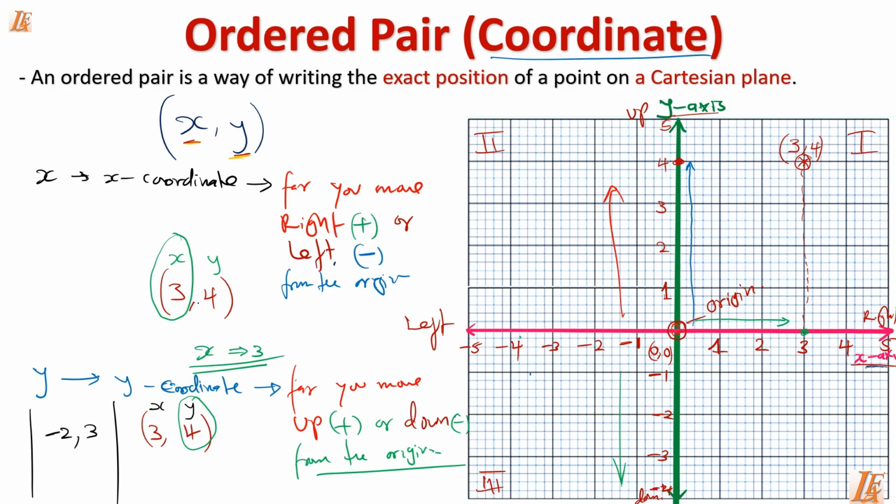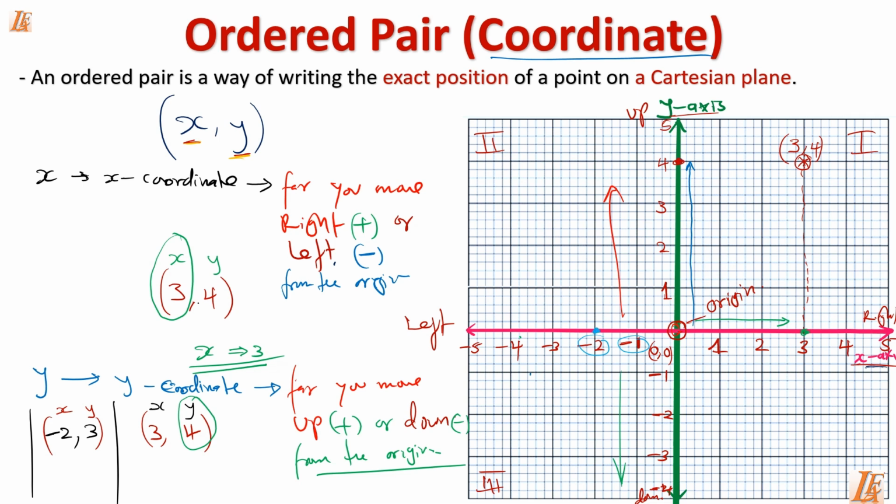(-2, 3). So in this case, when we talk about (-2, 3), it means the x part is -2, then the y part is 3. Therefore, for us to locate this -2, we will be at the origin, then we move 2 points backwards or to the left. So we'll move to -1 and then -2. So that part is here.